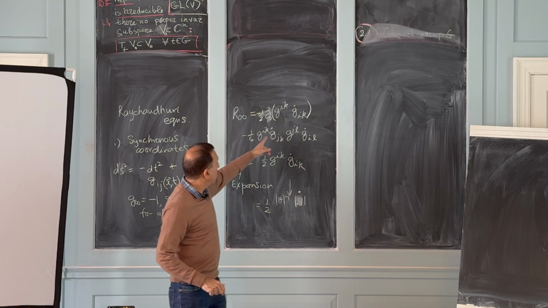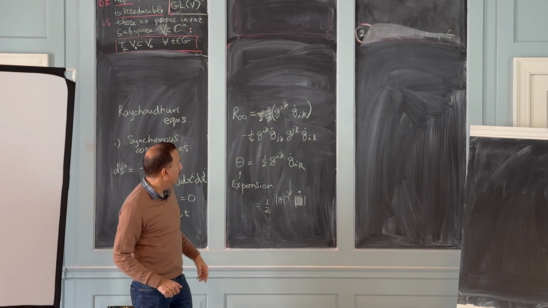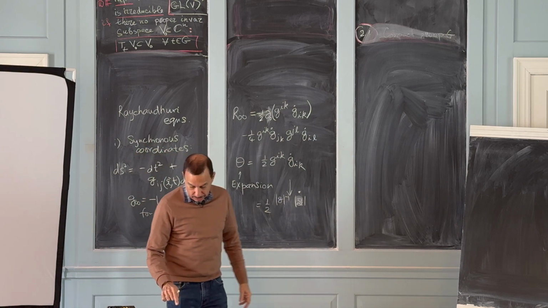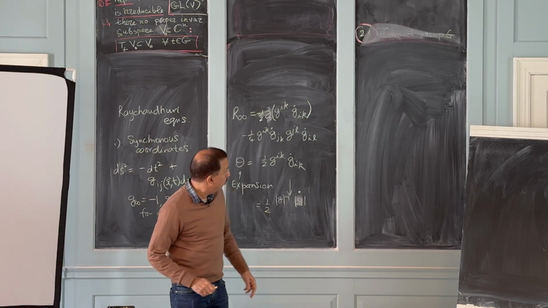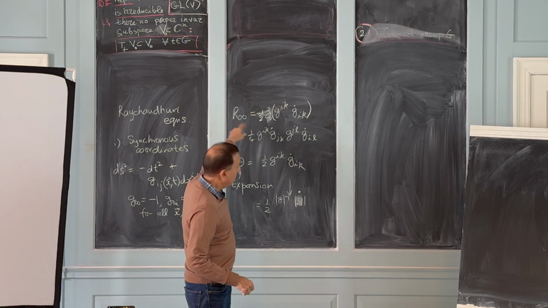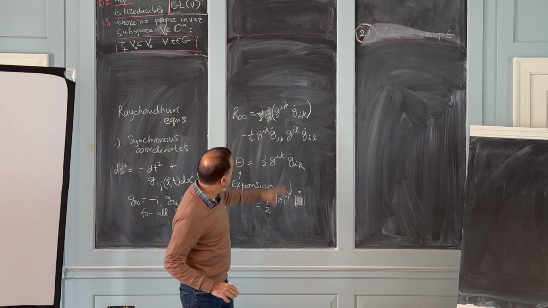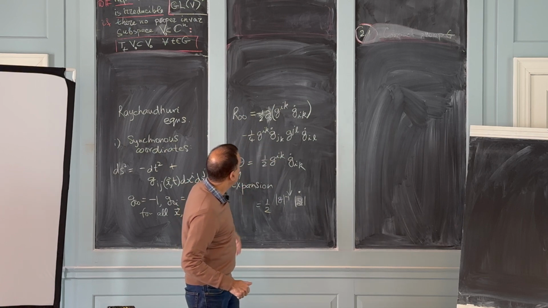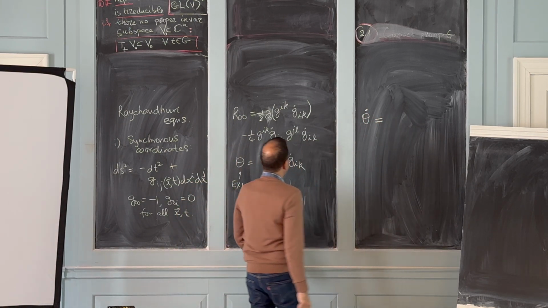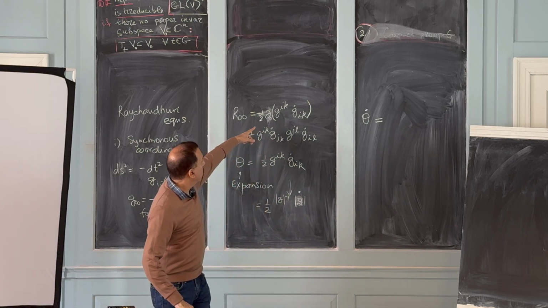And this other quantity is related to something called the shear sigma, and in the end we find that this equation can, by just rewriting this, give an equation for theta dot, because in fact this is theta dot.